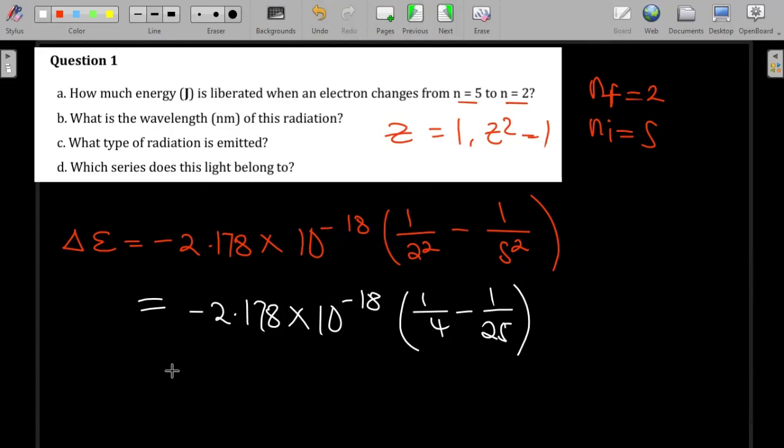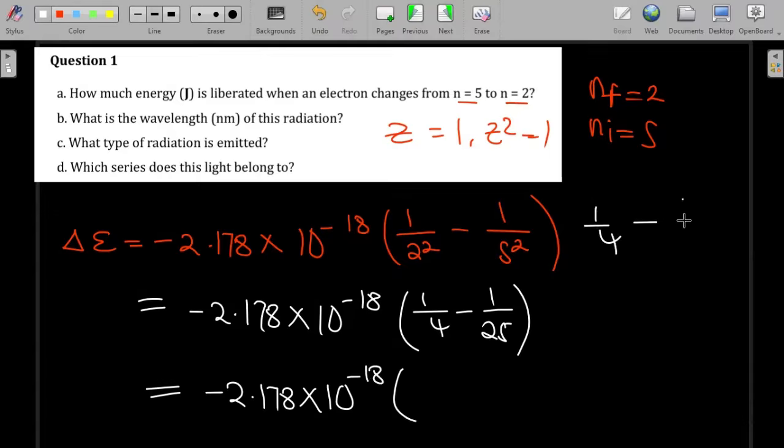So we can just say this is equal to minus 2.178 times 10 to the power minus 18, and then this one we can put together. That is 1 over 4 minus 1 over 25. The common denominator here is 100. 4 into 100 is 25, so that would be 25.